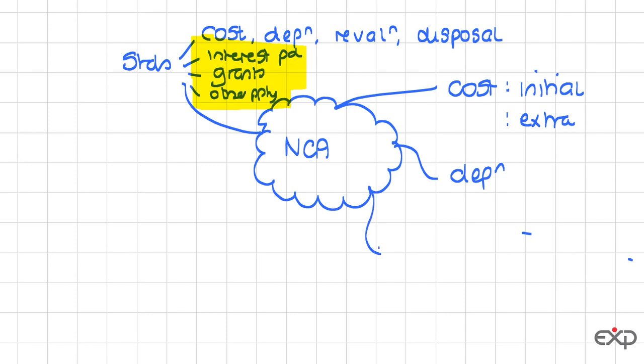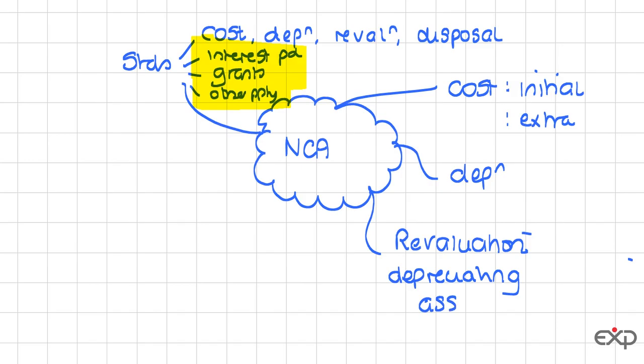And then a really big topic that we need to consider is valuation. Now we've looked at how to revalue very simple revaluations before with things like land. But the key thing we're looking at here is how we revalue a depreciating asset. Once we've done that, we're then going to have a brief chat about disposals.